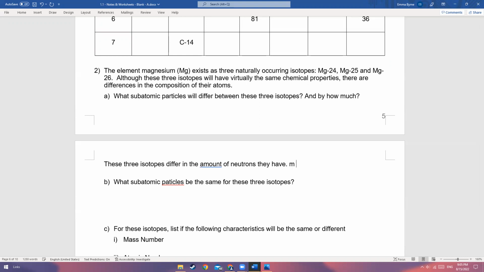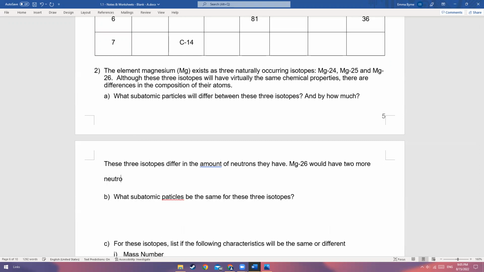So we know that 1 neutron is approximately 1 mass unit, right? So magnesium 26, being that it weighs 26, would have 2 more neutrons than Mg 24 and 1 more neutron than Mg 25.